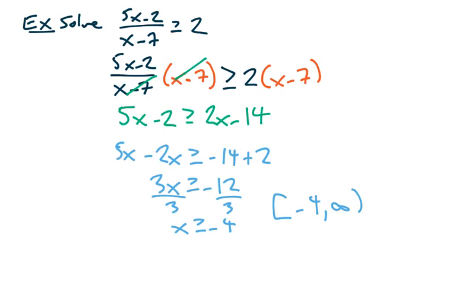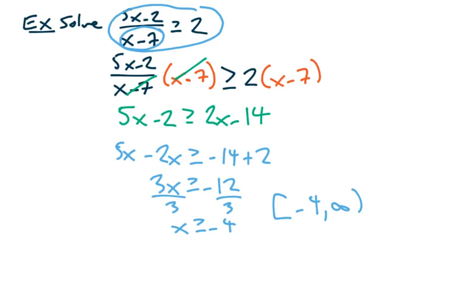Now, when I look at this inequality, when I begin, I don't know what values of x make this true and which ones make it false. It could be that the value that makes this true would give me a negative number in the denominator. If it gives me a negative, I would have to turn the inequality around when I multiply. But it might also be a positive number, and I don't know which.